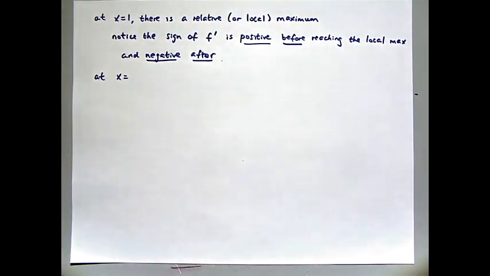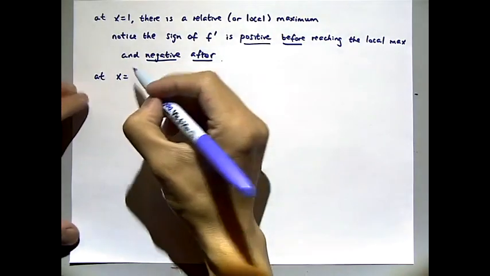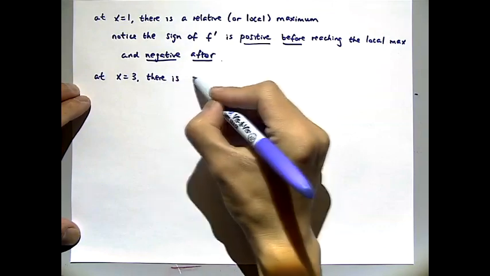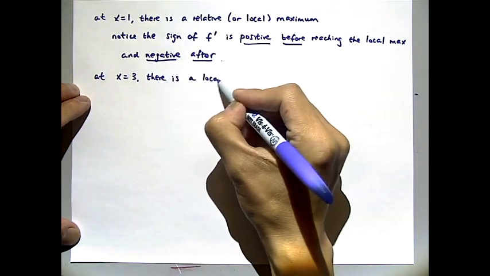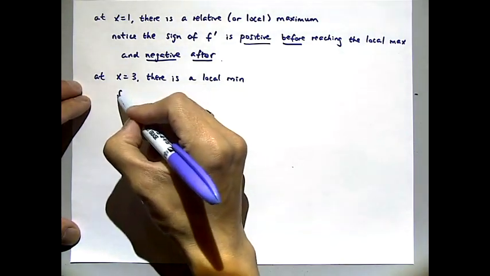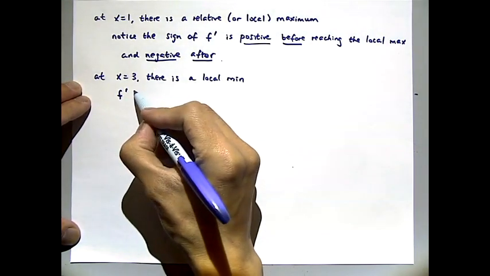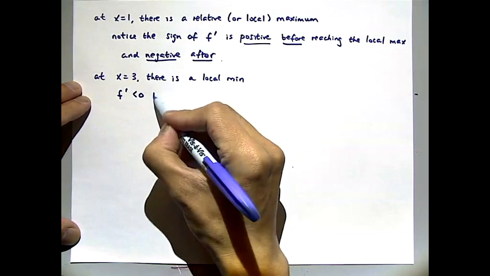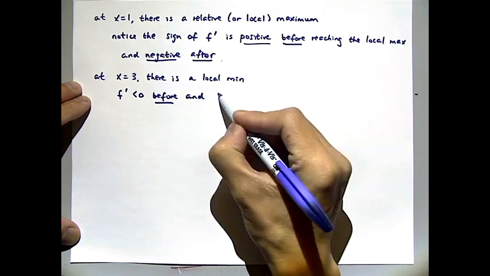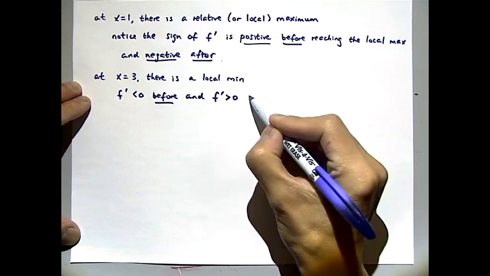At x is equal to 3, we have the opposite situation. There's a local minimum, and f prime is negative before and positive after.